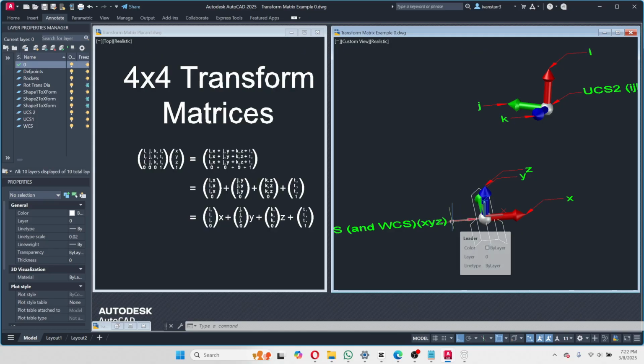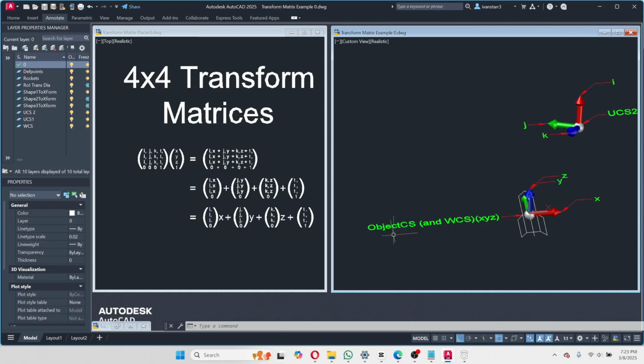So imagine you're a video game programmer and you've got this object, it's a rocket, and you've got it described in points in terms of its own object coordinate system, which is static to the object.